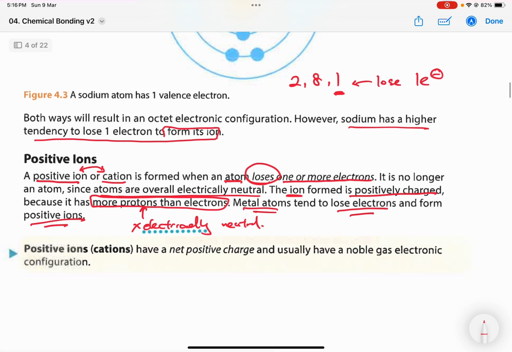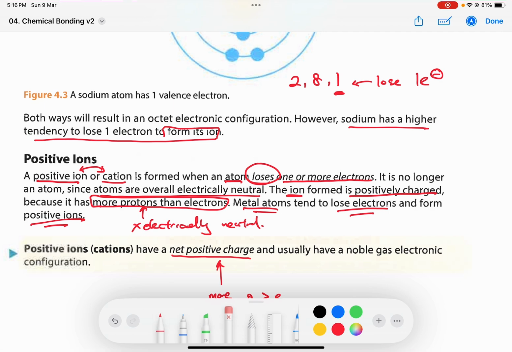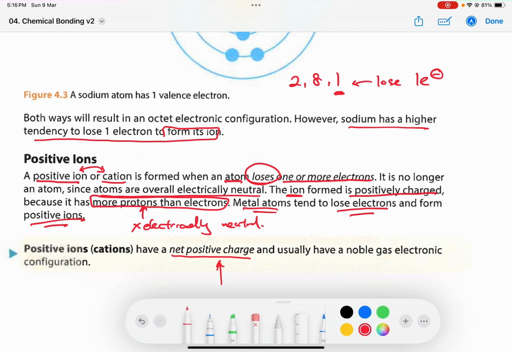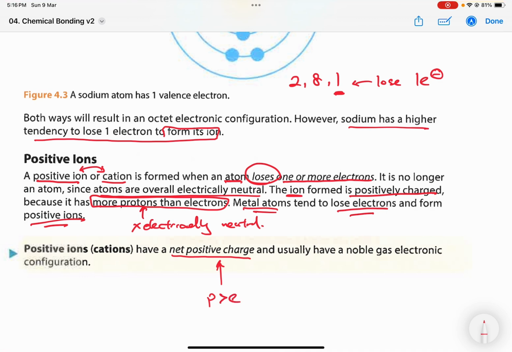So in general definition, positive ions have a net positive charge because there are more protons than electrons. Maybe I should just write P greater than E. And they usually have a noble gas electronic configuration.